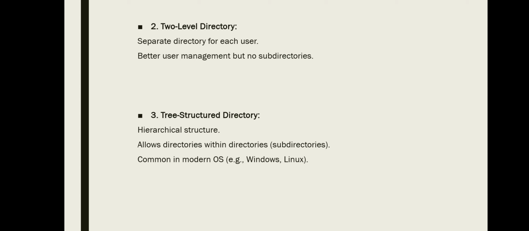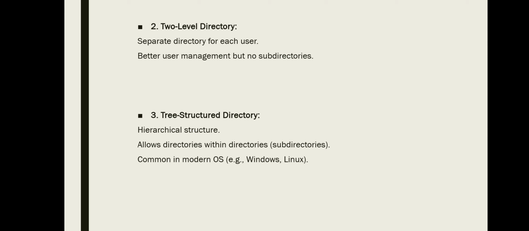The solution to this problem is to create a separate directory for each user. In the two level directory structure, each user has their own user file directory. Each user has a similar structure, but each lists only the files of a single user. So this is about the two level directory.